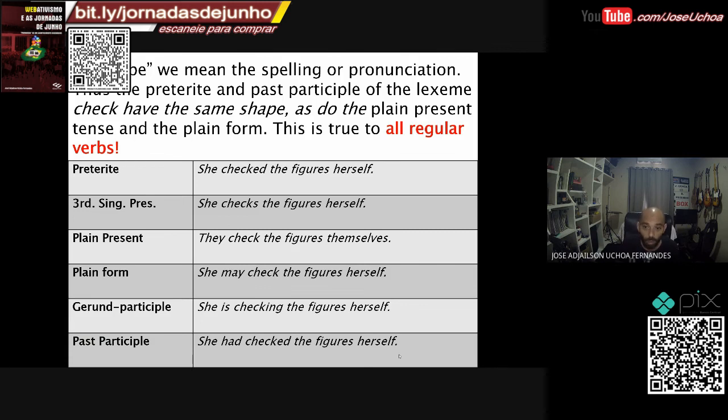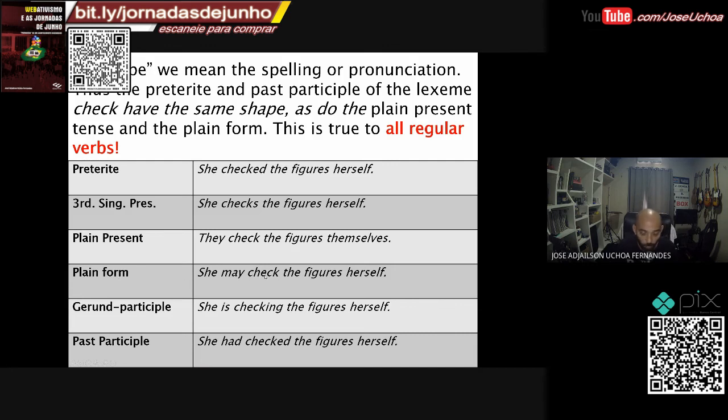Da mesma maneira que se eu pegar aqui o verbo check, the preterite and the past participle dele têm o mesmo shape, terminação -ed. O mesmo acontece com o plain present e o plain form. Plain present, check, e plain form, check.